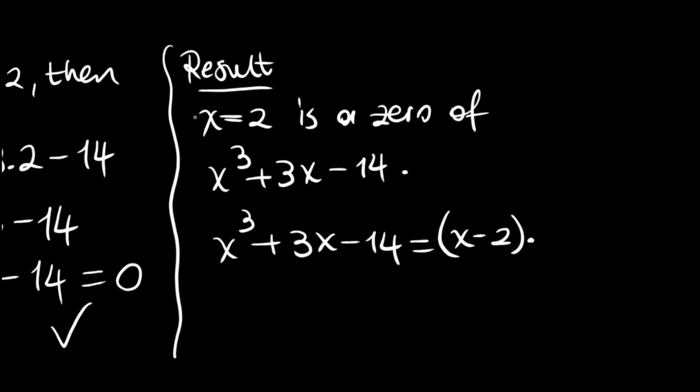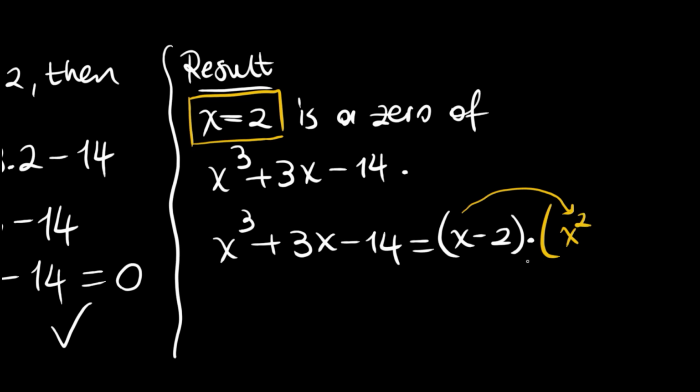Since x is equal to 2 is a root, this polynomial should have a factor x minus 2 and another quadratic part. Now we need this x cubed, so we will multiply this x by some x squared.